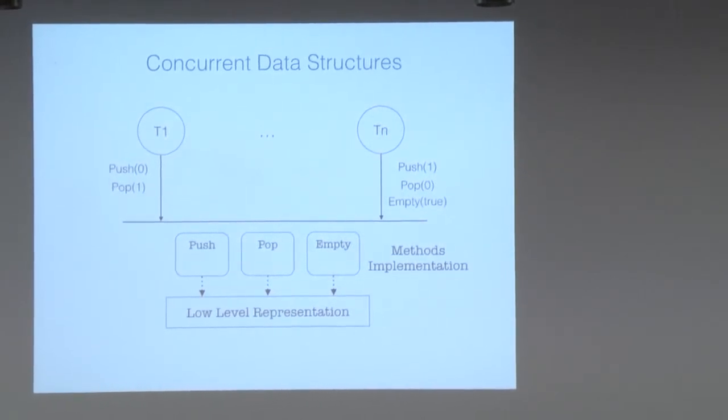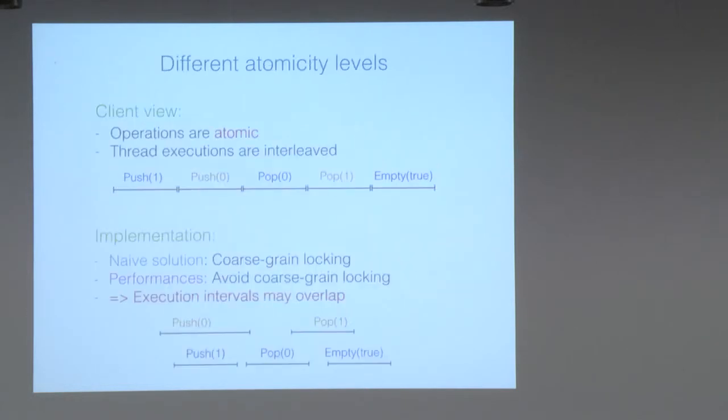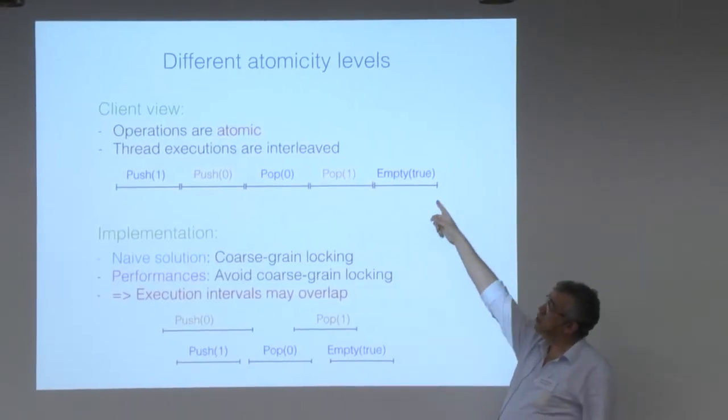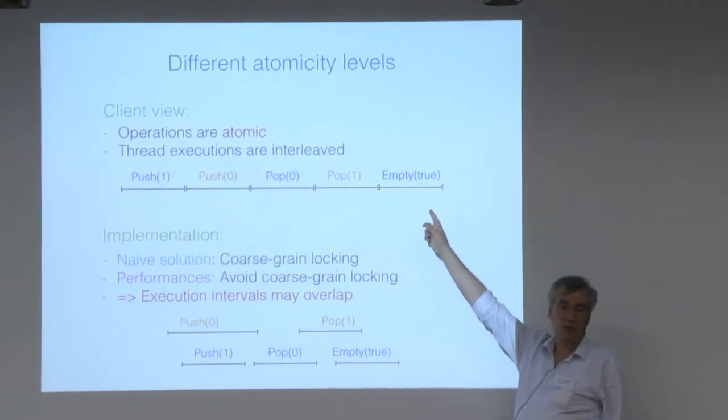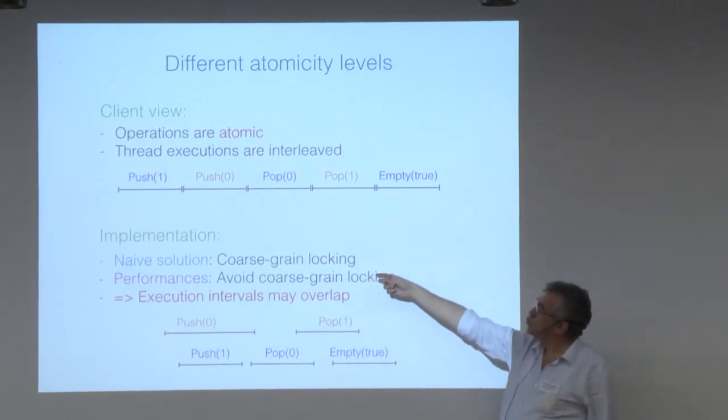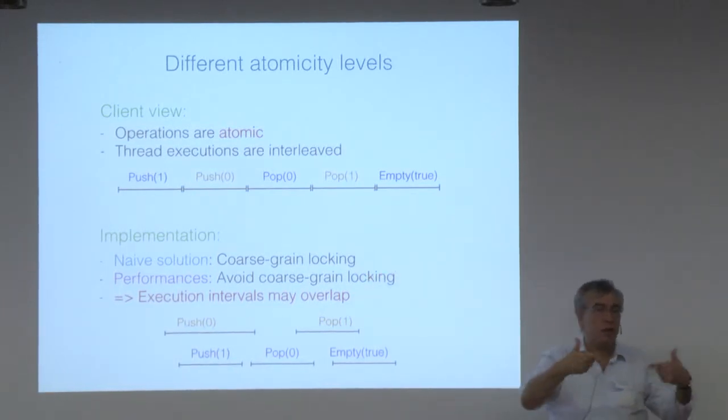Good. So there are now two views. Of course, from the point of view of the user, you want to see everything as atomic, and also that the sequence of operations can be seen as an interleaving of these atomic operations. But from the point of view of the implementation, that's another story. The client wants to see sequences like that, and wants to reason about this kind of sequences, whereas the implementer should avoid implementing these operations really in an atomic way.